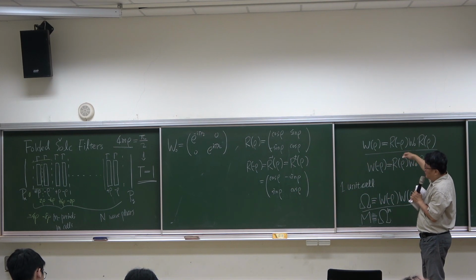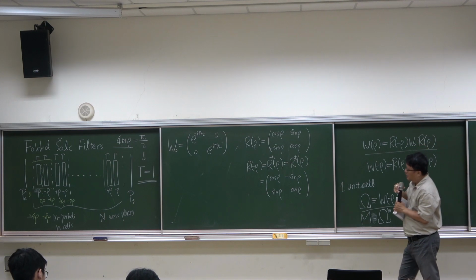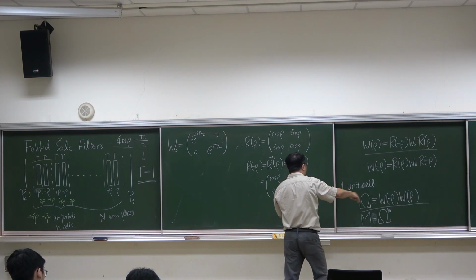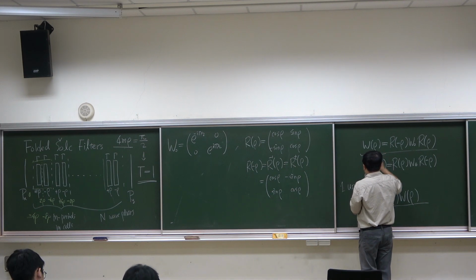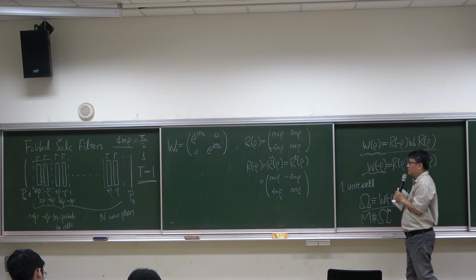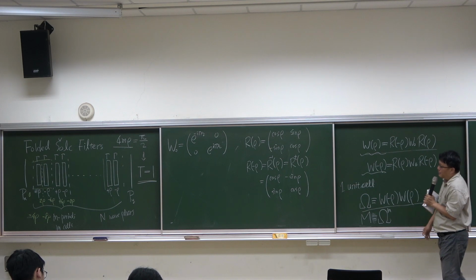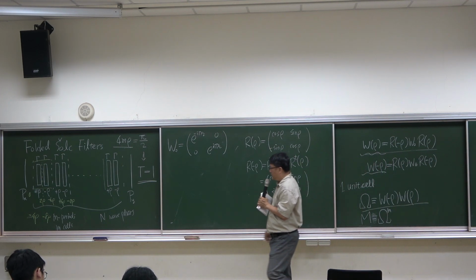Okay. So use this matrix formula, you can calculate W rho and W minus rho. You just need some patience to do this.